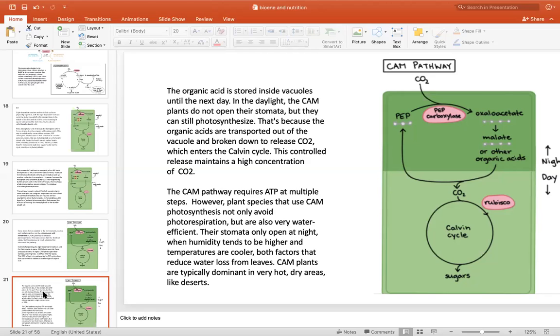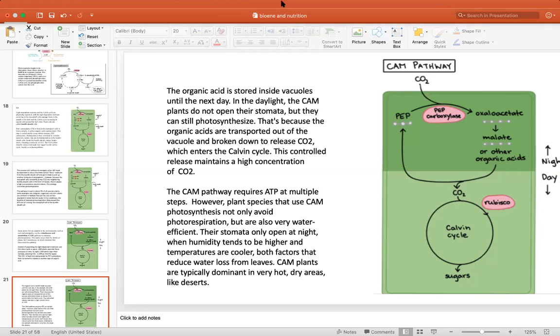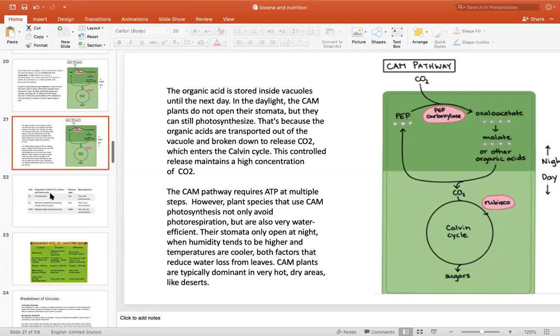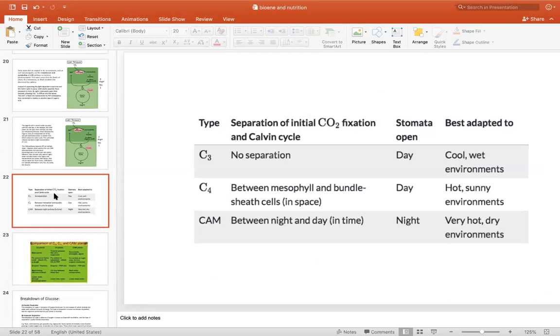So malate and all your other organic acids are made at nighttime, which then release carbon dioxide, which is present for the Calvin cycle to go forward during your daytime. Understood, guys? Understood the difference between C4 and CAM pathways? Are we good?